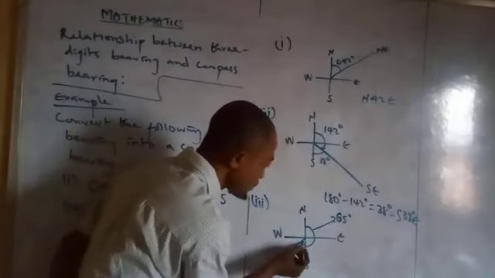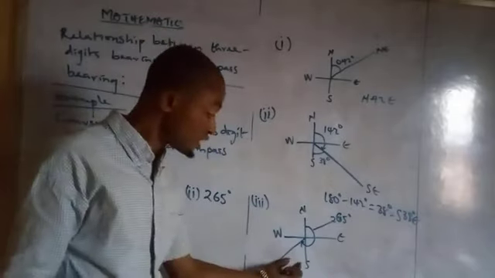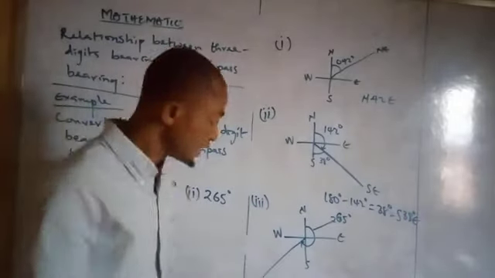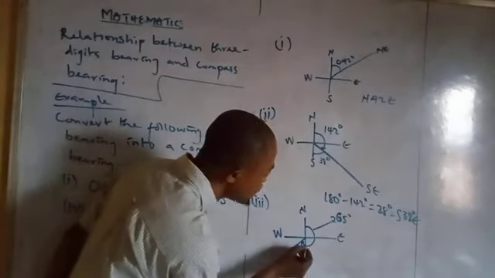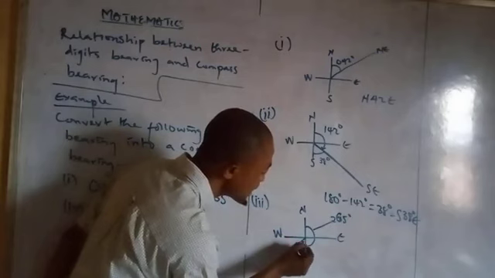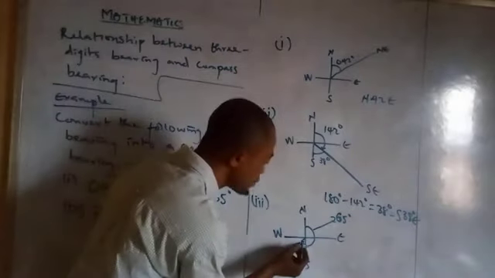What we need is the 2-digit bearing, or let me call it the compass bearing. This is south, this is west. What we need here is this part. So we are going to get what this angle here is. And how do we get the angle that is here?